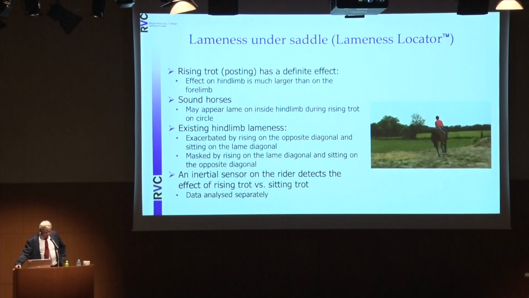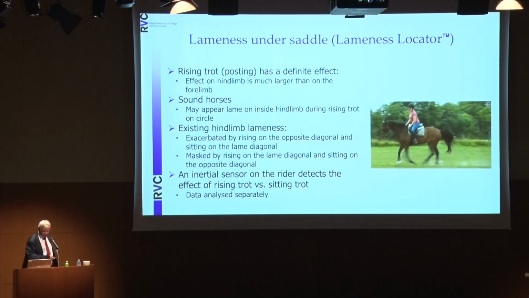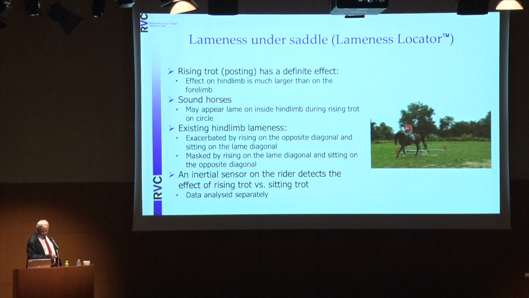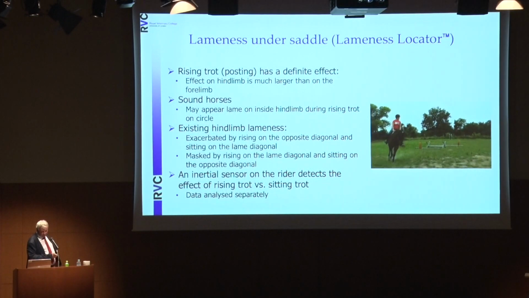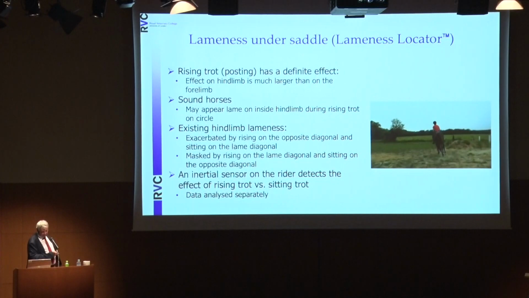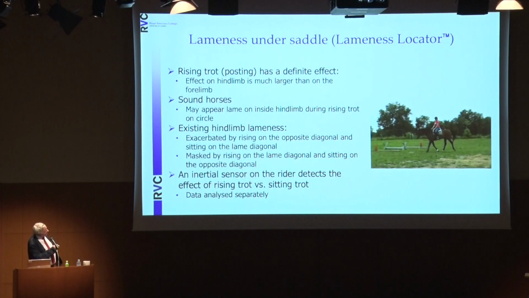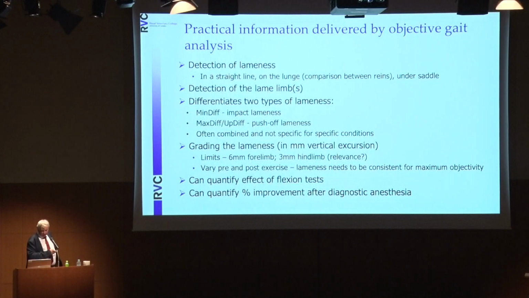A sensor is placed on the rider to measure the difference in data between rising trot and sitting trot, and then the data is analyzed for the sitting trot. This is only available on the lameness locator. So to conclude, what information have we got from the objective gait analysis?